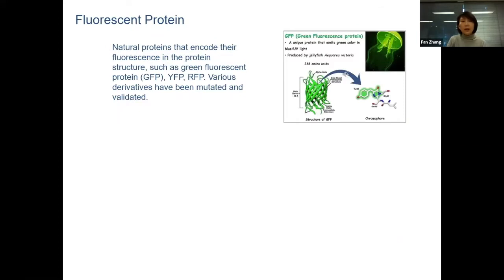So what are these fluorophores that we use in flow cytometry? The first one is fluorescent protein that was discovered in nature. For example, the green fluorescent protein was discovered in jellyfish. This natural protein can be genetically engineered as a fusion to another protein, to act as a marker.